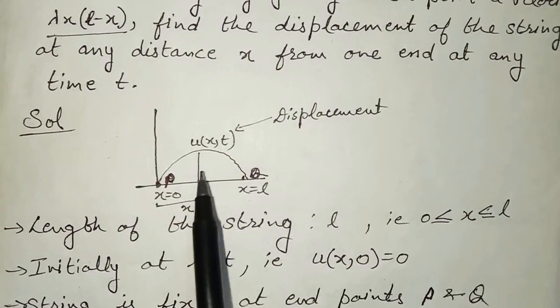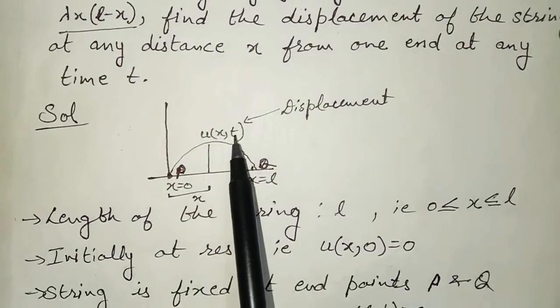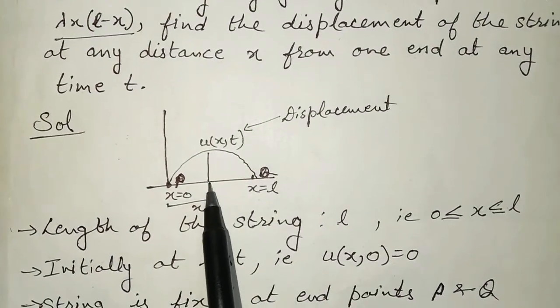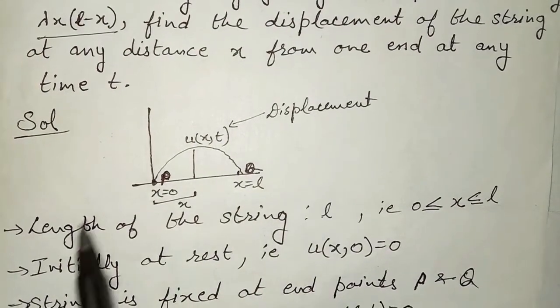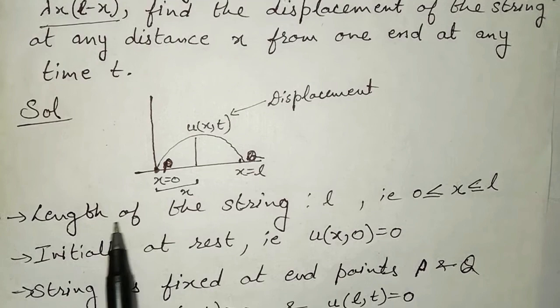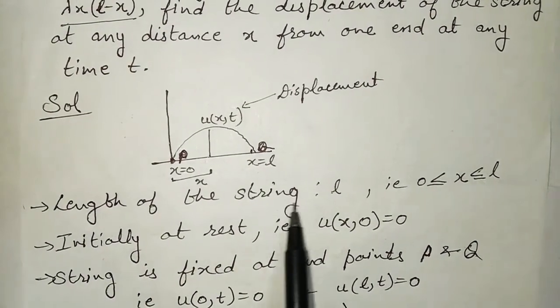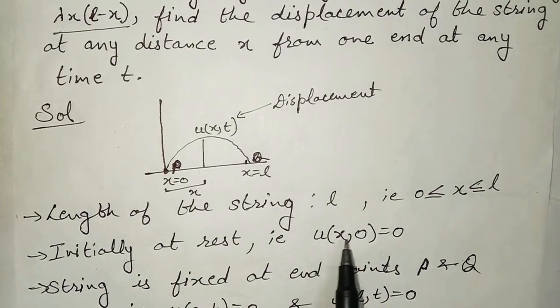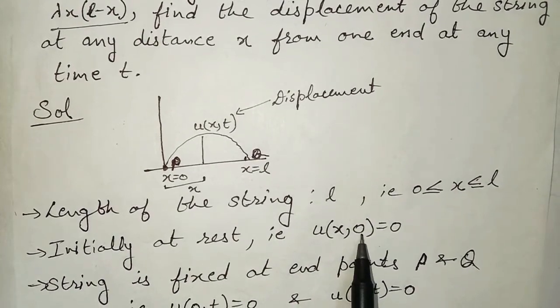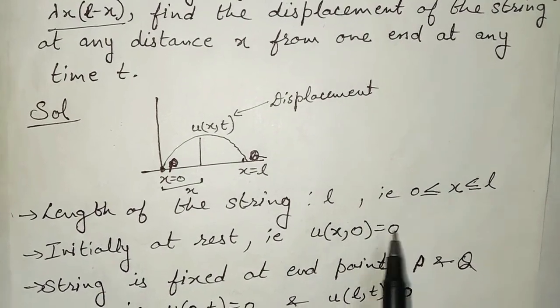If this distance is x, so u(x,t) is the position of this point at time t. So u(x,t) is the displacement. Here the length of the string is L. Initially at rest means u(x,t) at t is 0, then u(x,0) is 0.